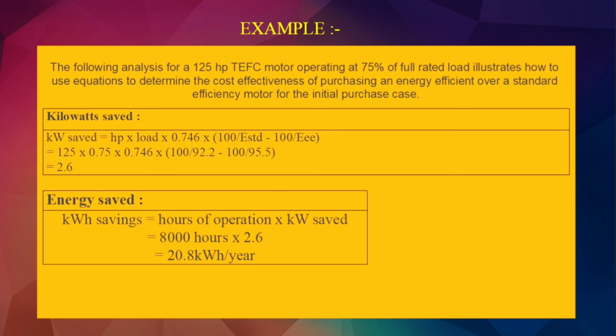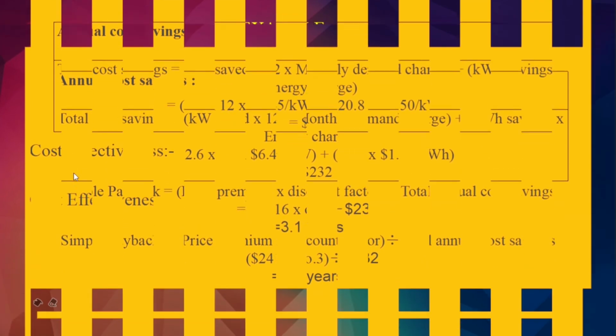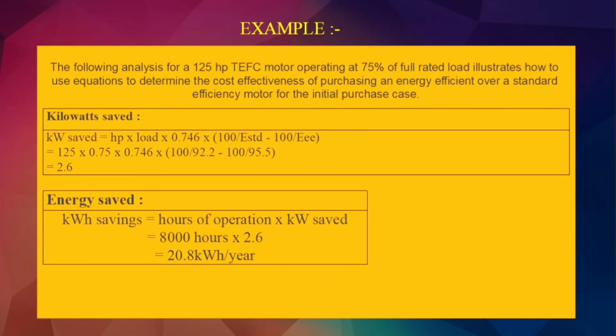The load is from the 75% and the 0.746 is a conversion from horsepower to kilowatt unit. So we get 2.6. Next step is energy saved, which we can get from hours of operation times kilowatt saved, 2.6. So we get 20.8 kilowatt hours per year.